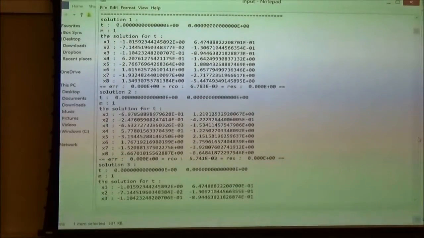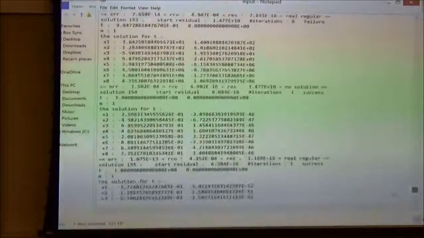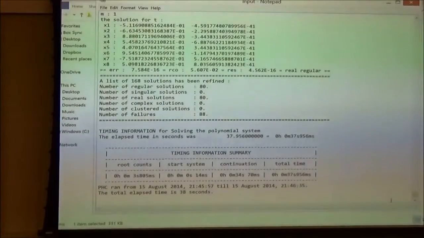You can see that it's randomly generated complex numbers. And if you go to the end of this, it has the statistics of all the solutions. You can see that we get 8 solutions in 40 pairs. So we all know that we have 40 solutions in this problem.